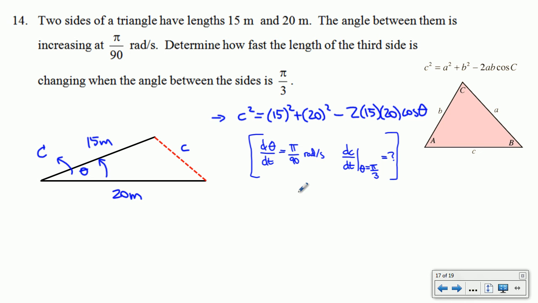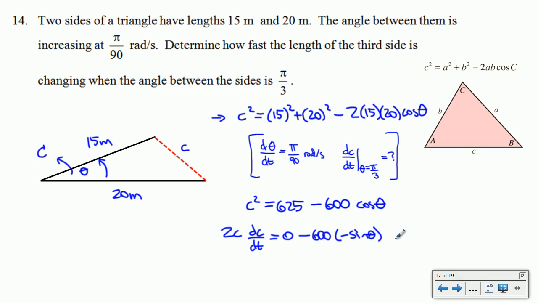So if we simplify this formula a little bit, we eventually get c squared equals 625 minus 600 cos theta. And we need to get a dc dt out of this. So we can do implicit differentiation to this equation. So we would get 2c dc dt equals 0 minus 600 negative sine theta d theta dt.